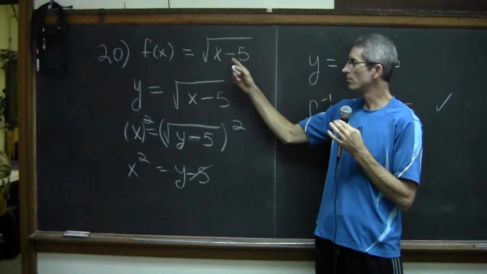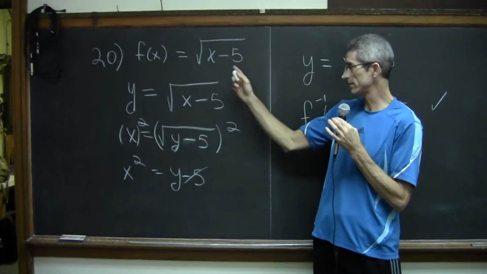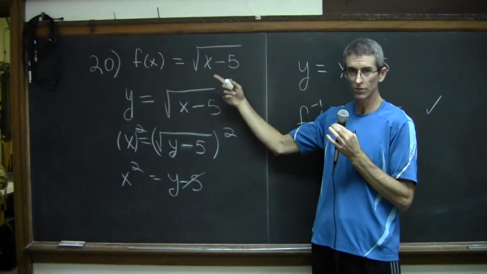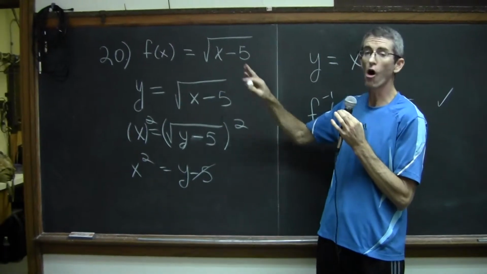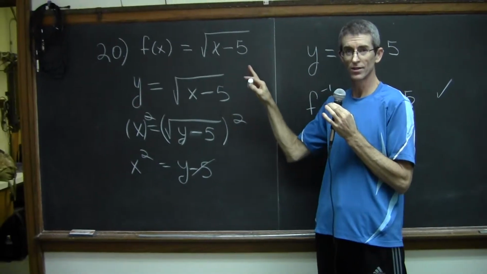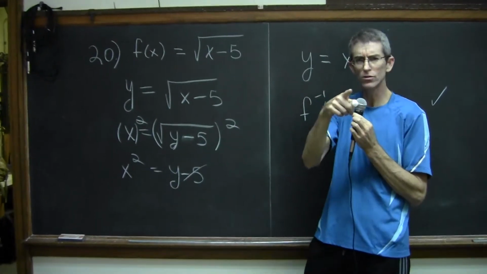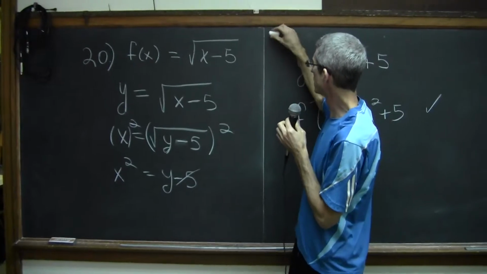So the range of this function, I'm not talking about the domain. The domain is like restricting x has to be greater than or equal to 5. That's the domain. But the range of f of x is going to be all positive numbers, because the square root of whatever you're going to get is positive, and 0. You can do 0 too. So the range is, how would you write that?